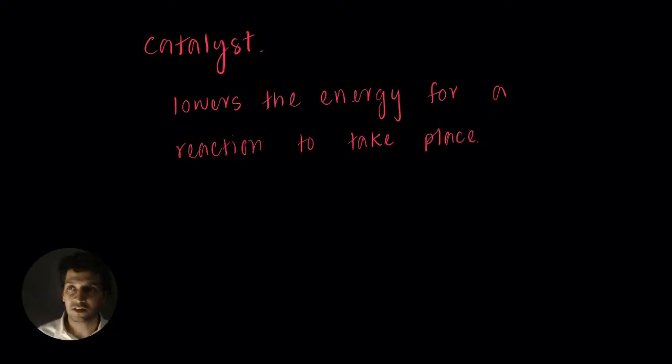This results in the rate of a reaction increasing. So this is the main point I feel is important, but the true definition of a catalyst, what you should know, is that a catalyst is something that increases the rate of a reaction without taking part in a reaction. So I'll write that down as well.